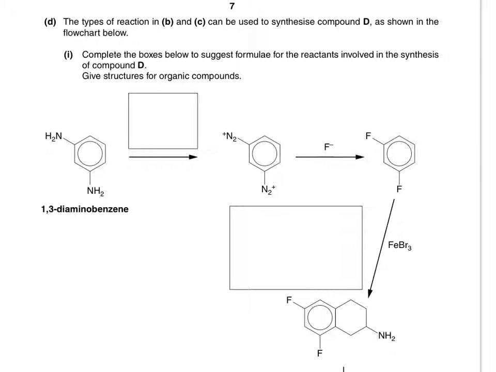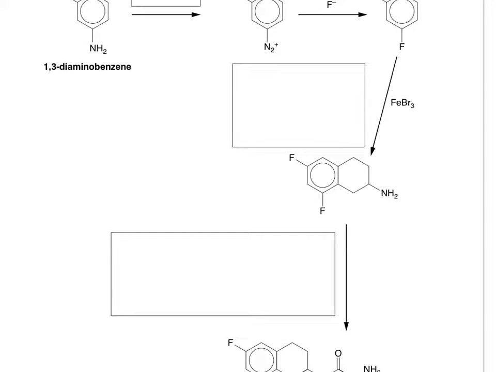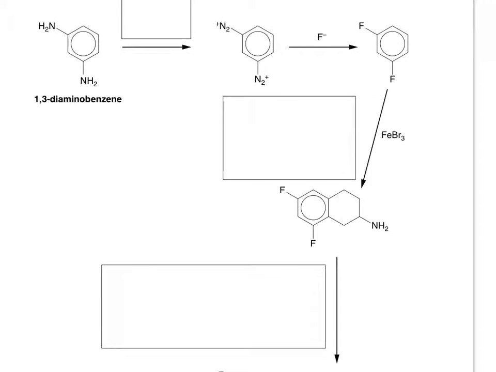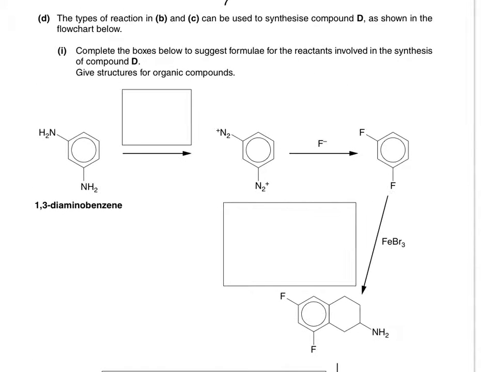So if we bring the screen down, you can see the rest of the question. So they're talking about compound D here. So this is what we want to look at. So going back up to the beginning of the question, let's have a look at what each of the structures actually tell us as you go through it.